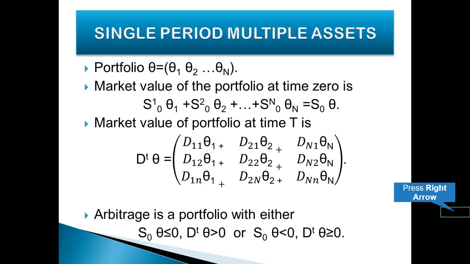When you get this matrix, we can consider it as the D transpose matrix multiplied by the theta matrix. You can just write down the matrices and see that if you multiply them, you get it.